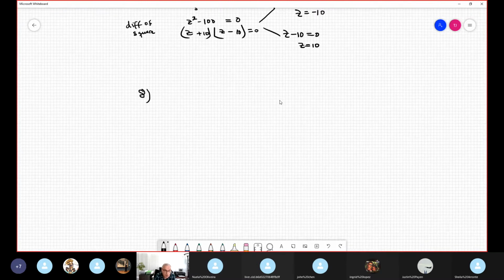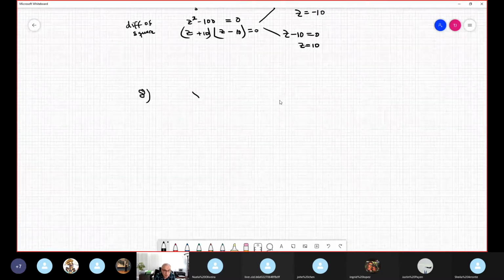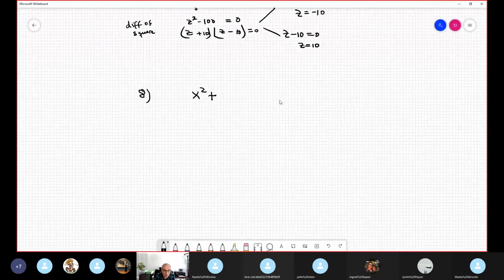Suppose number 8 is x squared plus 5 equal 69. Well, again, a quadratic equation. Again, it's an incomplete quadratic equation because b is missing. Who is A? A is 1.